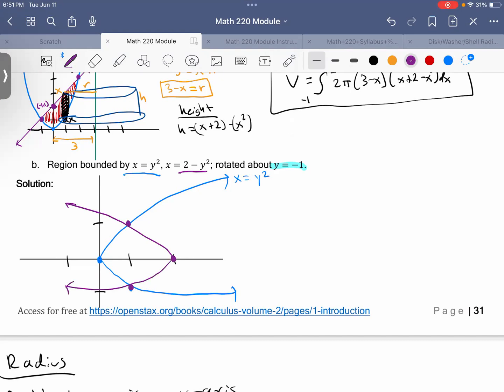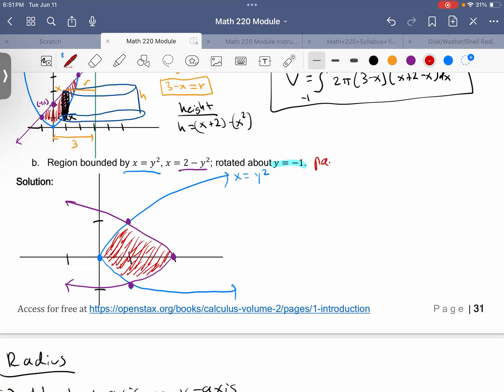So here is the region that we want to rotate. Remember, we want to rotate about y equals -1. Let me draw that horizontal line there.